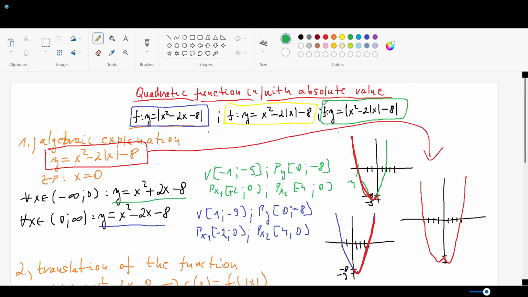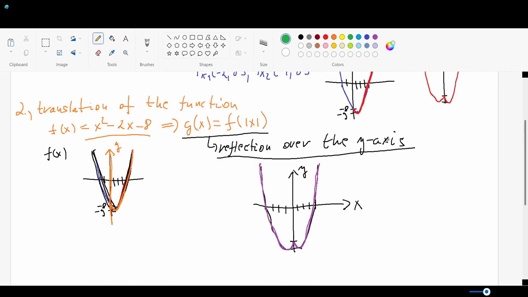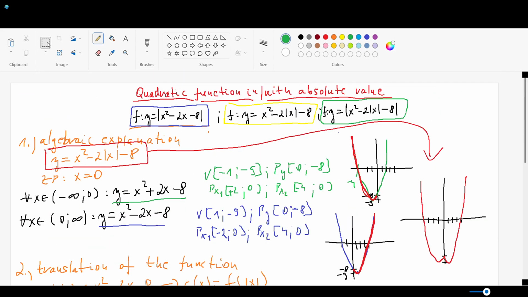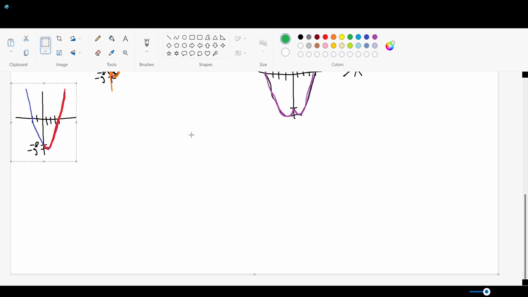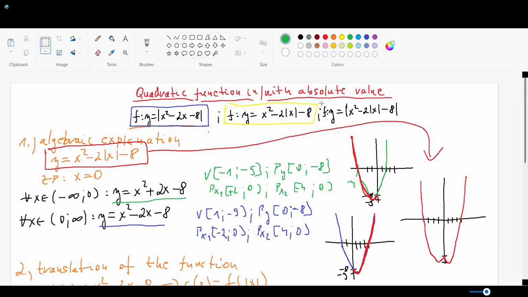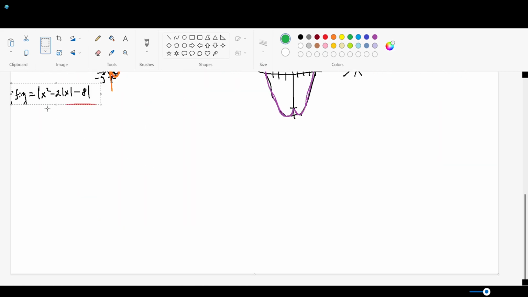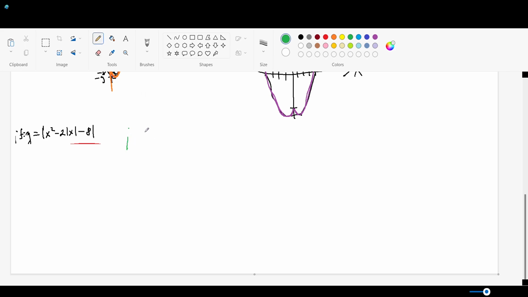And now I'm not going to explain how to do this one, because if you combine all the things we have discussed, let me just write you the hint. If you want to sketch the graph of this function, how can you do it?